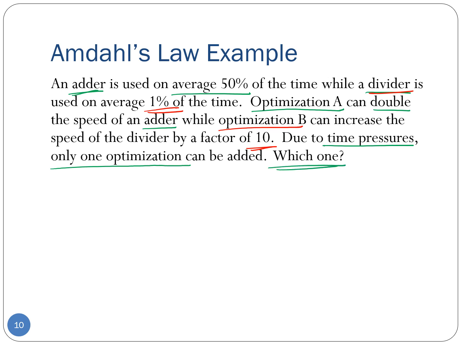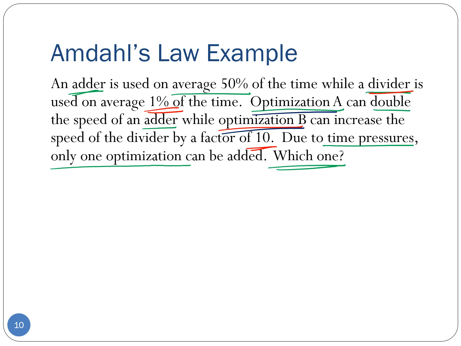This is a typical question which can be solved using Amdahl's law. Essentially, we can use Amdahl's law to figure out the overall speedup that is achieved in the system if we went with optimization A, and then the overall speedup if we just went with optimization B, and whichever of these two results in the greater overall speedup is the one that we should pick.